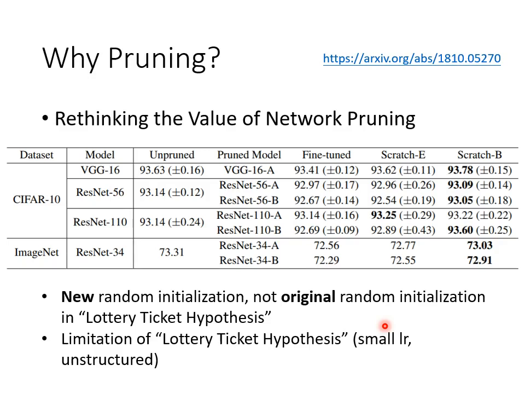According to the experiments in this article, it's observed when the learning rate is relatively low or the pruning is unstructured. Unstructured means that when doing pruning, it uses weights as the unit of pruning, and then the phenomenon of the lottery hypothesis can be observed. It finds that when the learning rate is increased, the phenomenon of the lottery hypothesis cannot be observed. So, in the end, whether the lottery hypothesis is true or false needs more research to confirm.